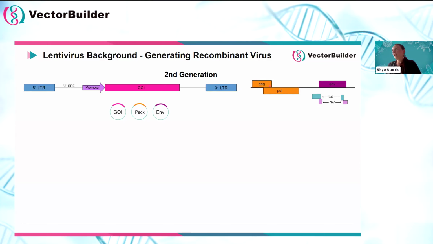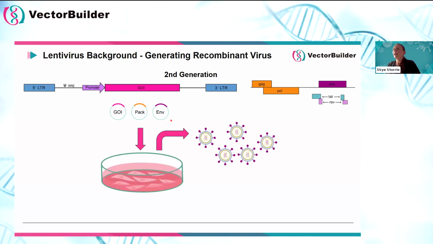Instead, we just have GAG and POL, as well as TAT and REV encoded in our packaging plasmid, and then the envelope encoded in our envelope plasmid. And then if we transfect a packaging cell line, such as HEK293Ts, with these three plasmids, we will generate recombinant virions, which will encode our gene of interest.